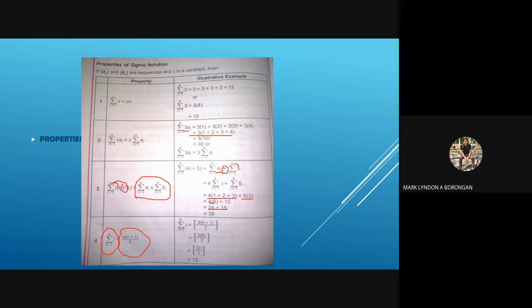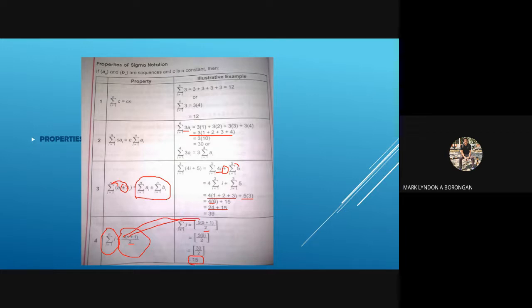You use the formula n times n plus 1, divided by 2. The n is 5 in both places, so you get 5 times 5 plus 1 divided by 2. Simplifying, you get 5 times 6, which is 30 divided by 2, equal to 15.